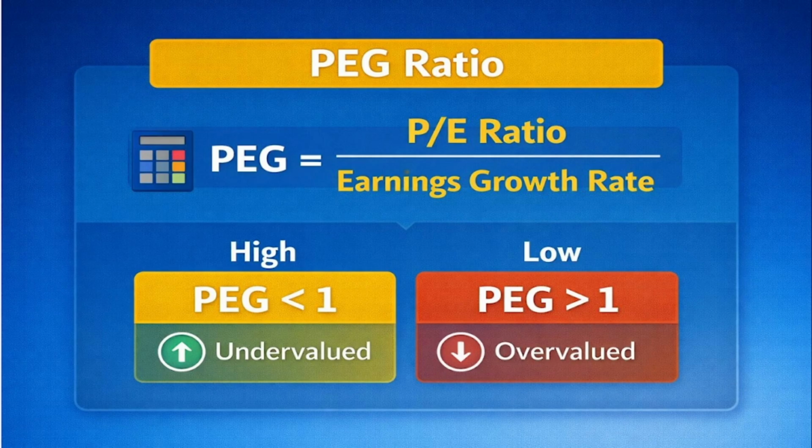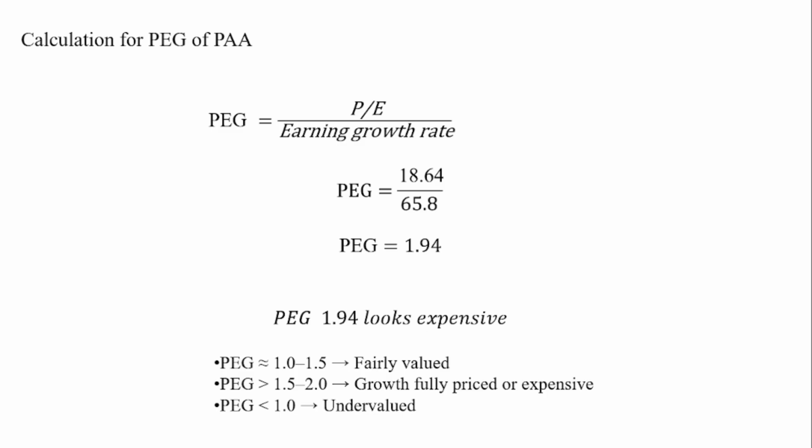PEG ratio. What is PEG? The PEG ratio improves the PE ratio by factoring in earnings growth. The formula is the PE ratio divided by the earnings growth rate. High PEG means overvalued and low PEG means undervalued. Let's take an example from real stock values of PAA. PEG is the PE ratio divided by the earnings growth rate.